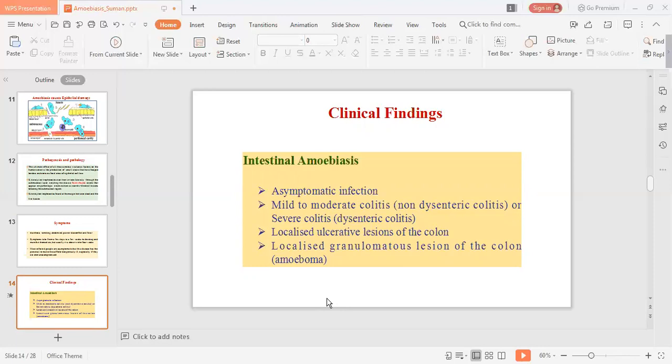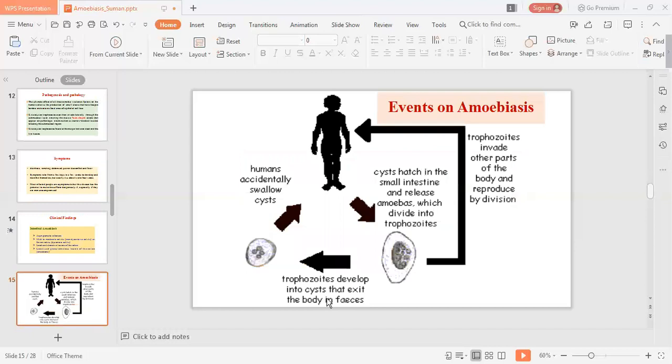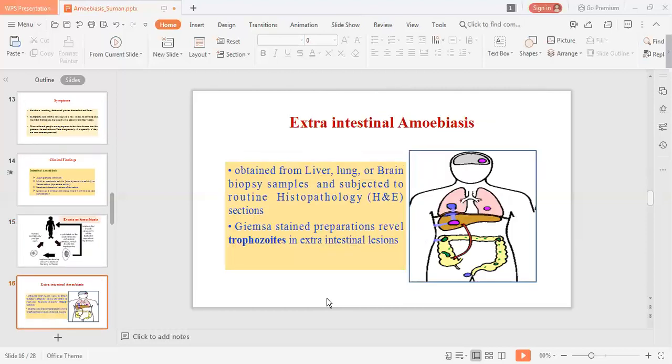So this amoeboma, which is the granulomatous lesion of the colon, is happening only because of the infection of Entamoeba histolytica. But if the trophozoite invades and enters into the blood vessel, then we can see some extra-intestinal amoebiasis. And what are the organs? The organs are liver, lung, and brain.